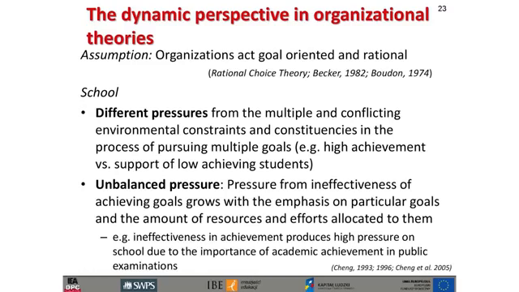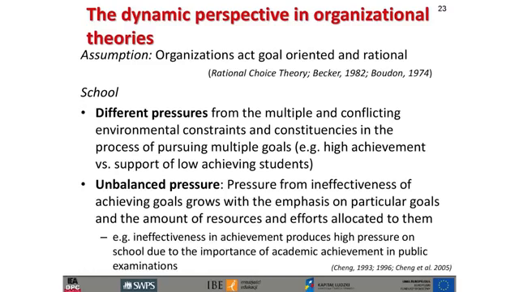A school is acting within a special social field with diverse social actors, and of course every group has different interests. The teachers have other interests, the parents have other interests, the society has its own interests, the economy has interests. Those are the diverse pressures under which a school has to act.